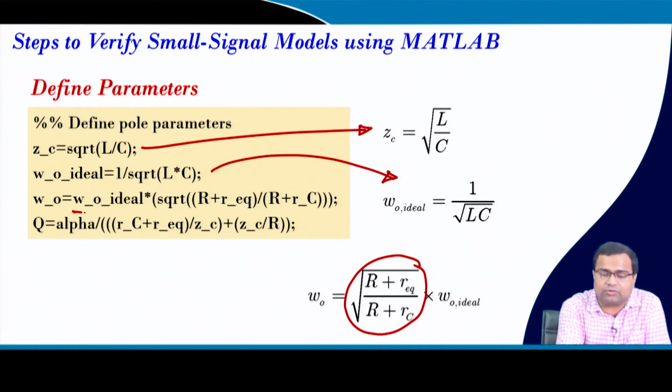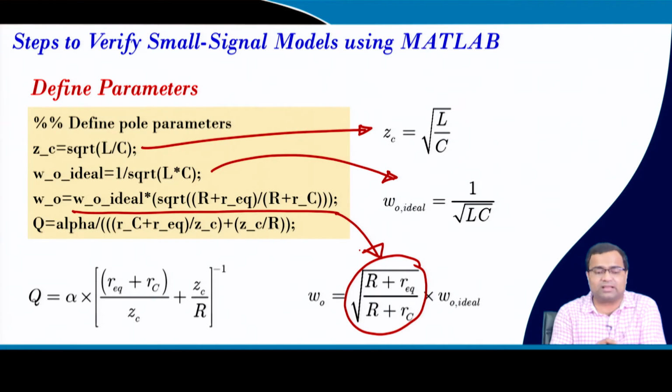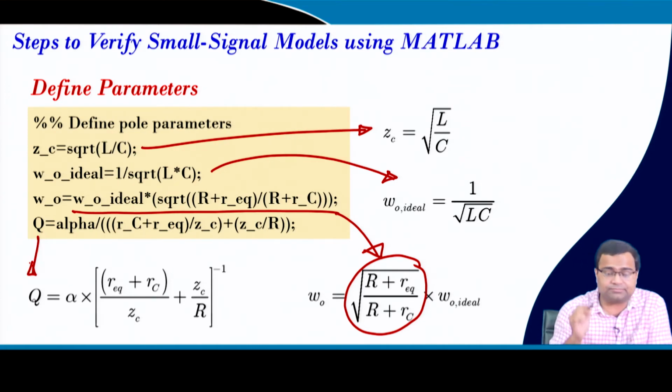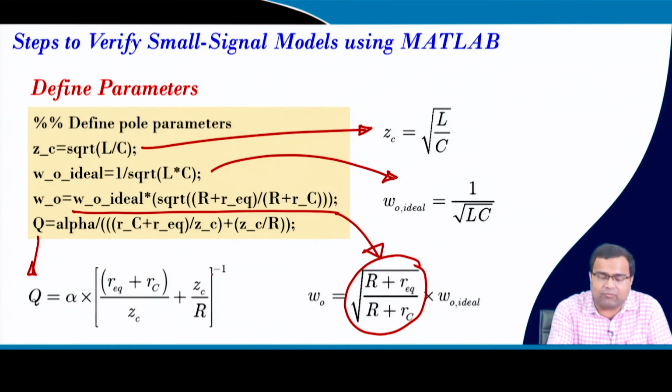So, this whole line is here, and finally we have to obtain the Q, which is nothing but here. So, Q is alpha divided by, that means there is a minus 1 sign.